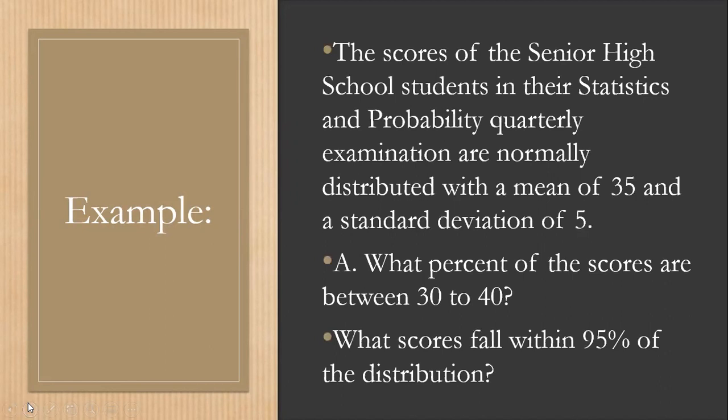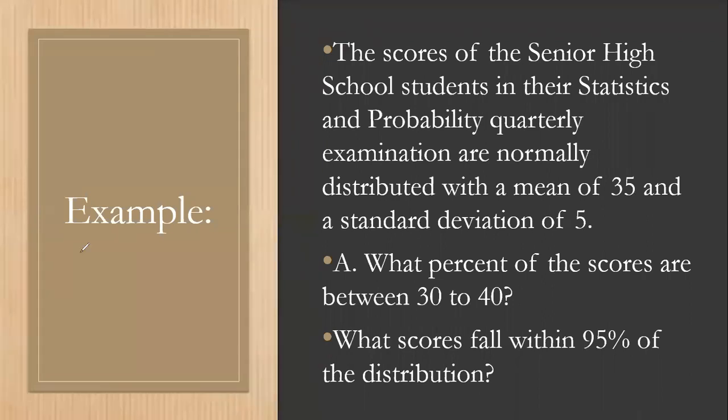So to clearly understand the normal probability distribution, here is an example. The scores of the senior high school students in their statistics and probability quarterly examination are normally distributed with a mean of 35 and a standard deviation of 5.